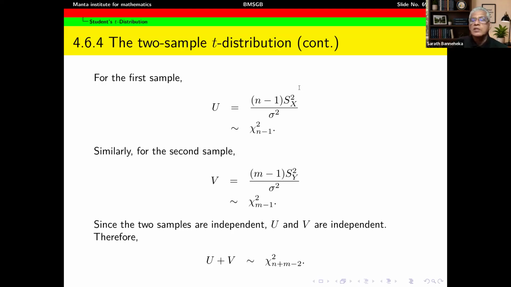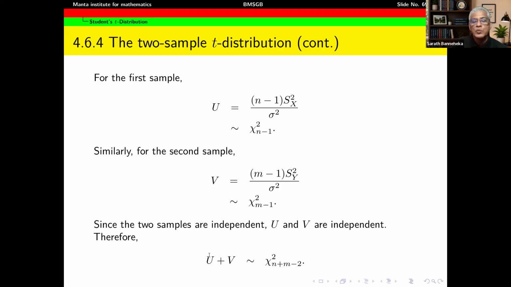And we know that the two samples are independent. This quantity contains only the data in the first sample. This quantity contains the data in the second sample only. So therefore, these two quantities, sx square and sy square, are independent. So therefore, u and v are also independent. So now we have these two independent chi-square random variables.